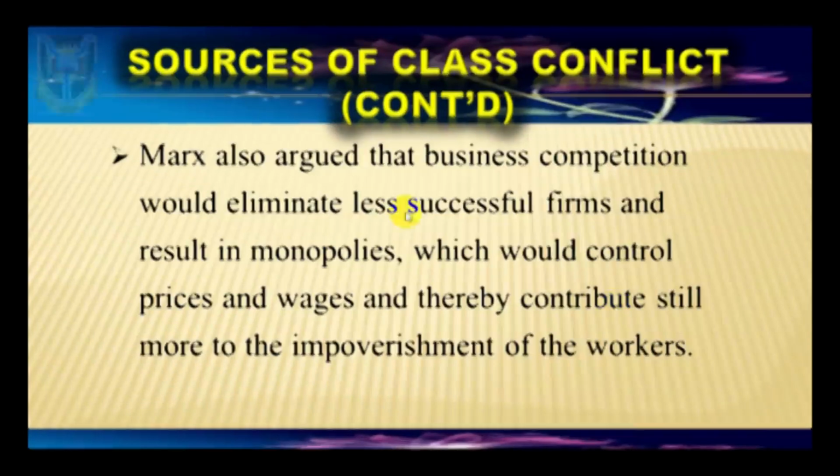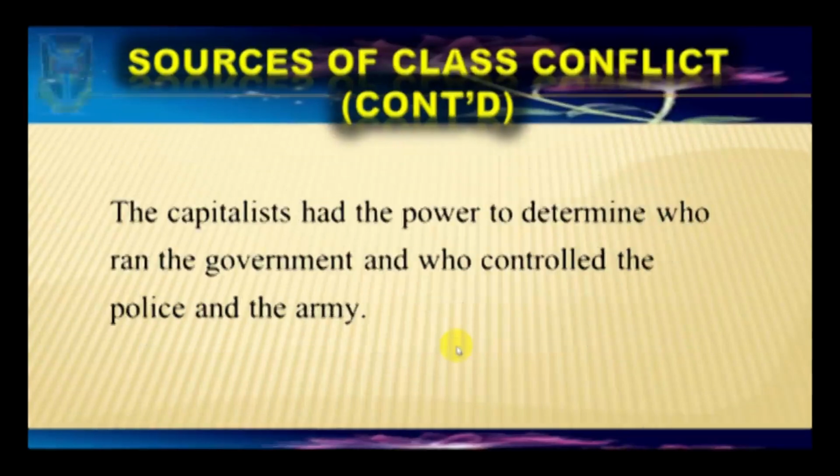4. Marx also argued that business competition would eliminate less successful firms and result in monopolies, which will control prices and wages and thereby contribute still more to the impoverishment of the workers. 5.